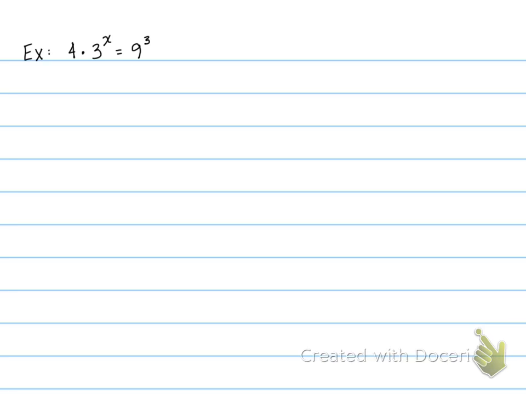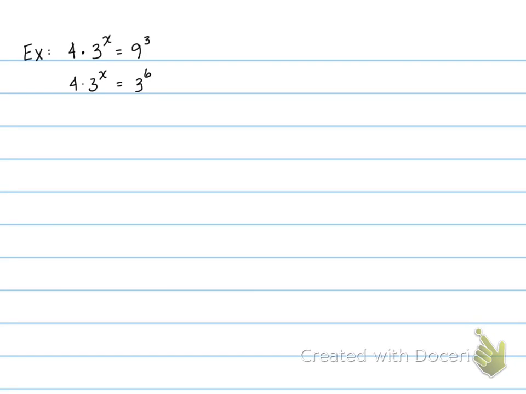So here, if I look at this initially, I'm like, oh, well, I can write 9 as 3 to some power, right? So I could write this as 4 times 3 to the x equals 3 to the 6th, right? Because 9 is 3 squared and you multiply the exponents.